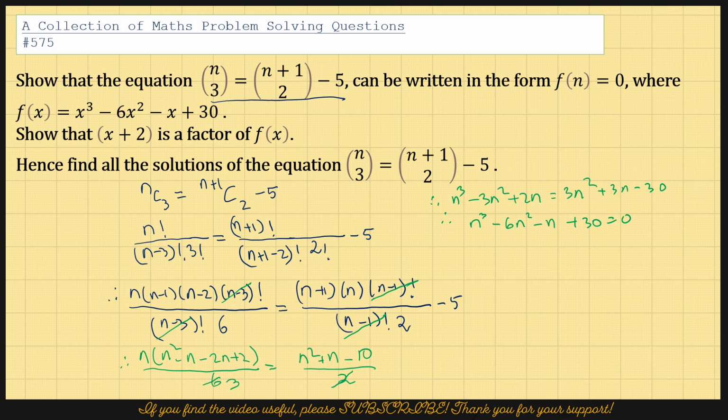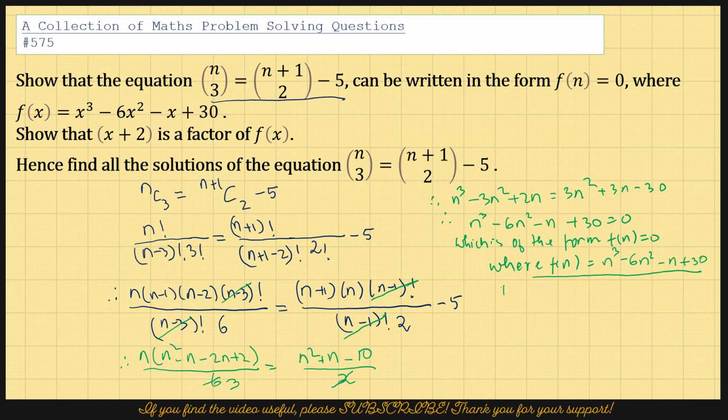So which is of the form f(n) equals 0, where f(n) equals n cubed minus 6n squared minus n plus 30.